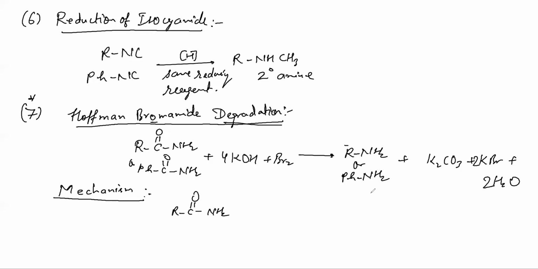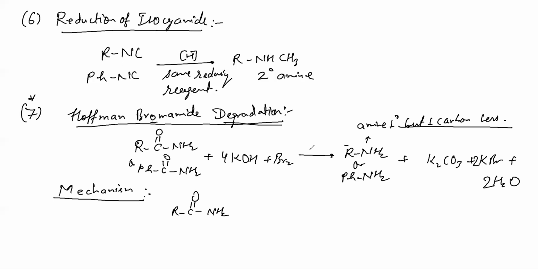You got amine, which is 1 degree, but 1 carbon less. In RCONH2 you have R plus one carbon. In RNH2 you have just R. So one carbon is lost in the form of K2CO3 or Na2CO3. Okay, let's see how this reaction happens.